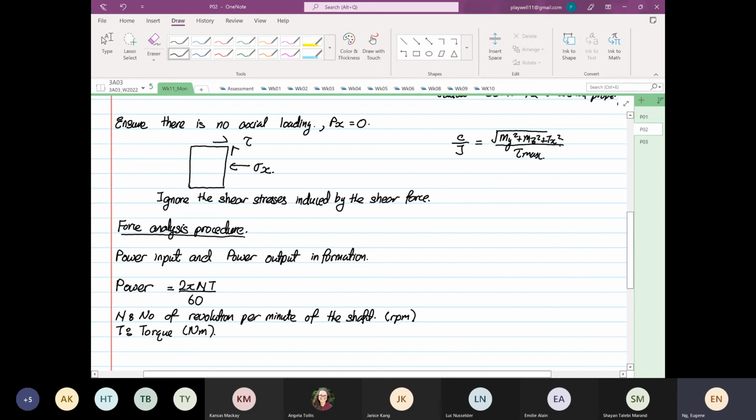So now we have power, and we have to determine the torque. The thing over here is to determine the torque.